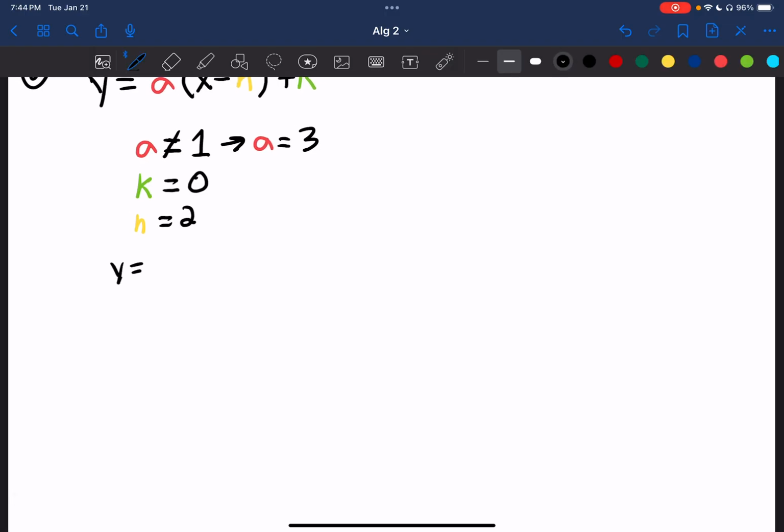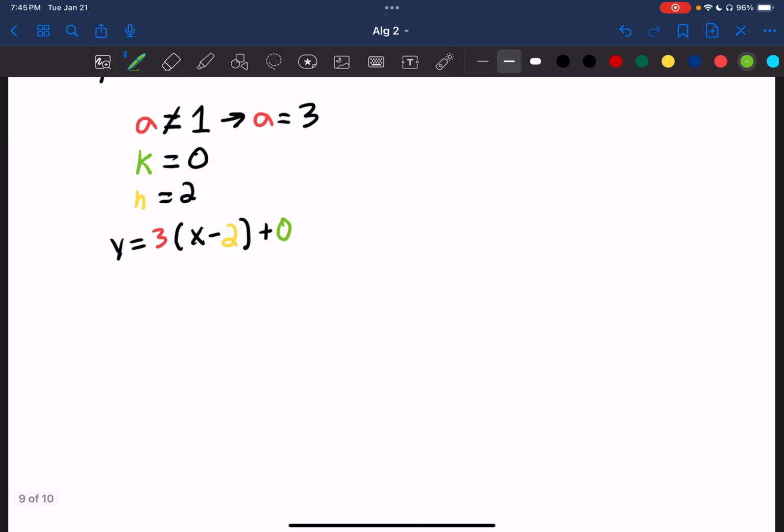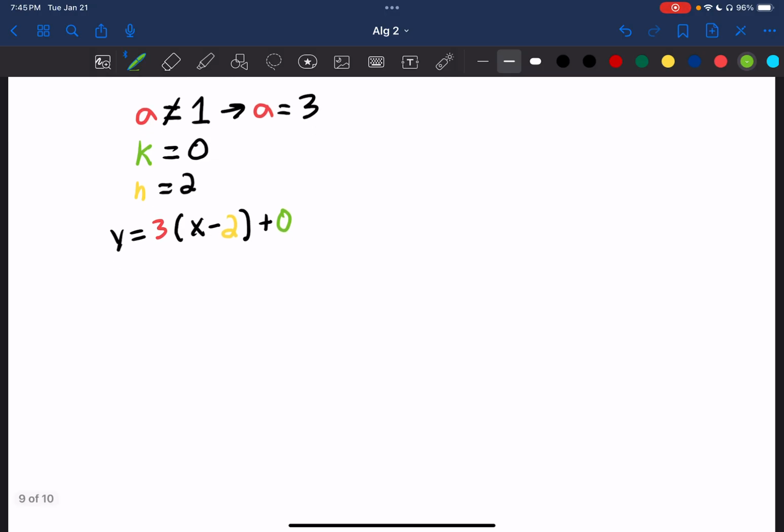So if a is equal to 3, when we plug in our three values here, we're going to get y is equal to 3 times x minus, our h value is 2, and we're going to leave k as 0 for now. In the next step, we'll talk about when k is not 0. But here, k is still 0, and, I also forgot my squared.